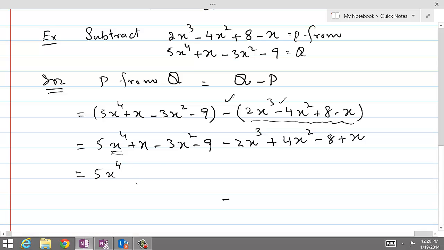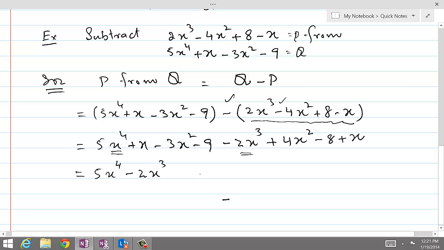So let's move onward, and from x4 we'll see if there is an x cube term. There is a term involving x cube, so in order to write in descending order, we'll write minus 2x cube. Is there any other term involving x cube? No, there is none.